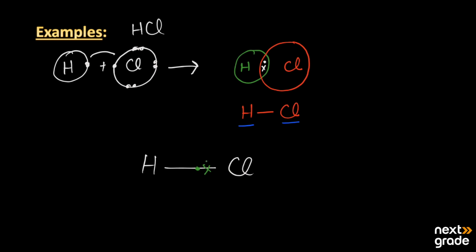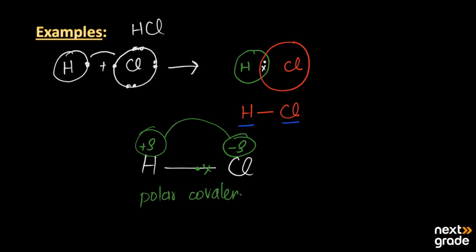Due to this attraction of electrons, chlorine will acquire a partial negative charge, and these electrons are far away from the hydrogen, so it will acquire a partial positive charge. As two poles have been created, one positive and the other negative, this bond is known as the polar covalent bond.